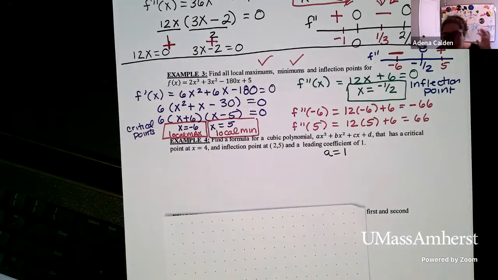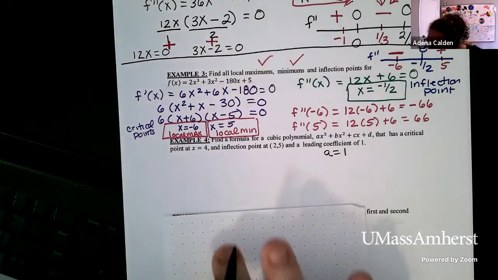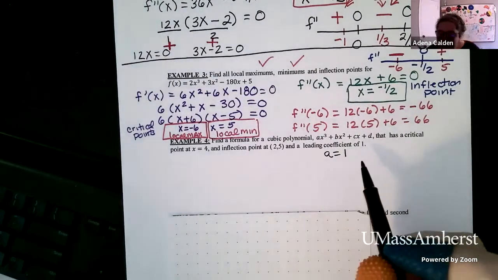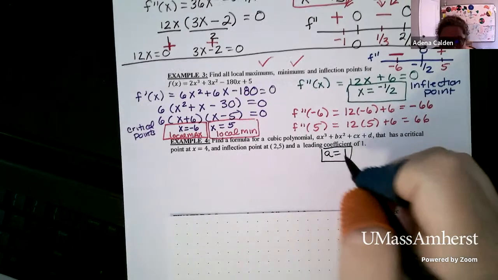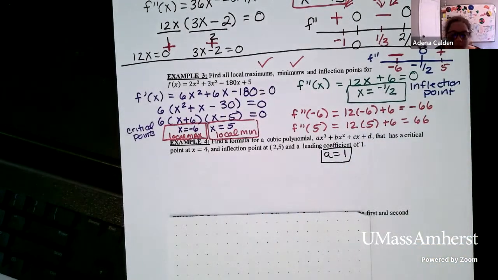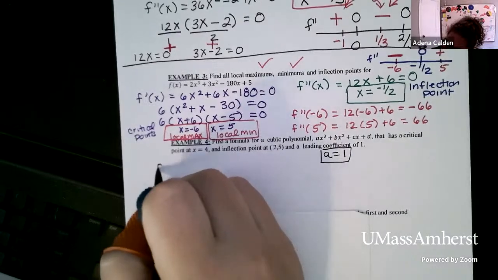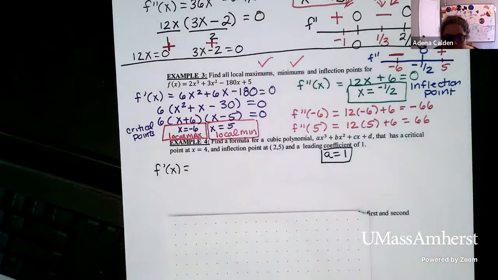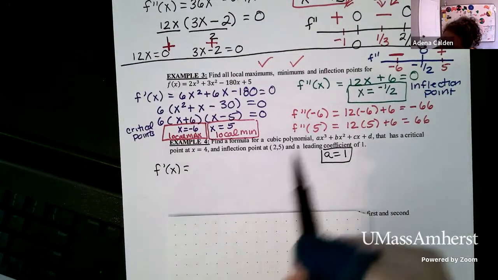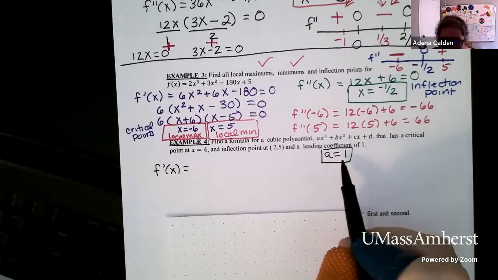Okay, so let's remember our ultimate goal here is to solve for a, b, c, and d. And we already have the value of a just from the setup of the problem. As I mentioned, I wanted you to find the first and second derivative and then determine how we can use this information in conjunction with these functions. So when we take the first derivative, we know that a is 1.